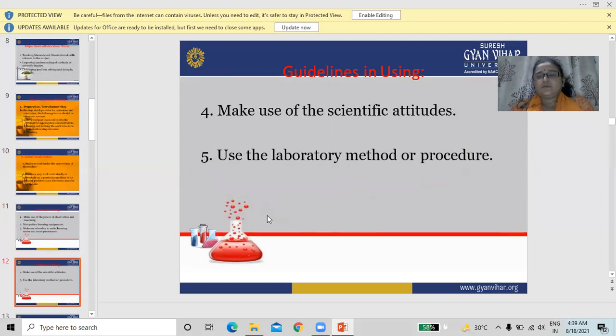Next guideline of the laboratory method is make use of scientific attitudes in students. Use the laboratory method or procedure. These are the main guidelines when using a laboratory method.